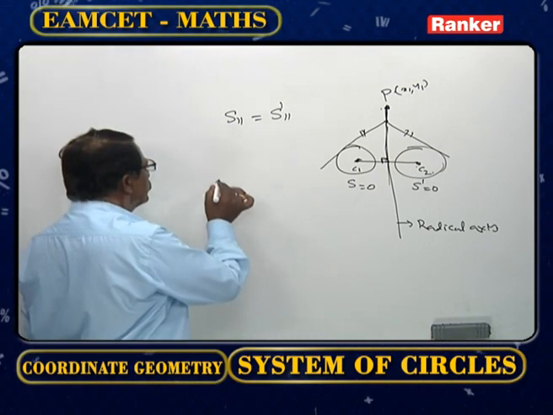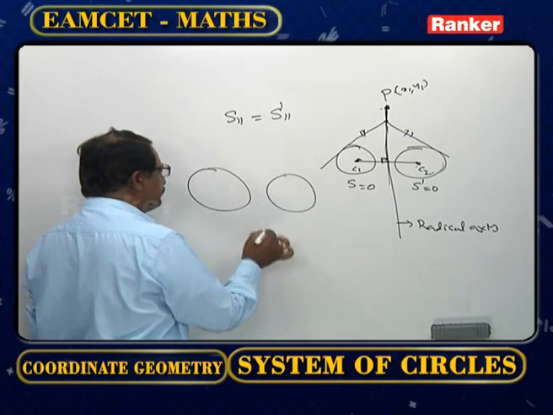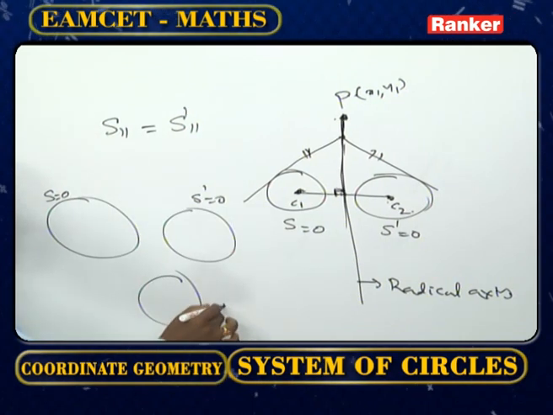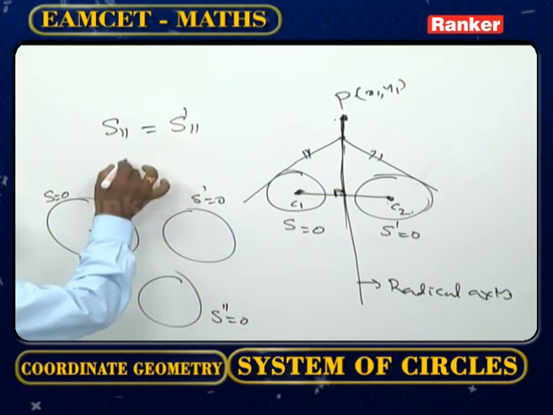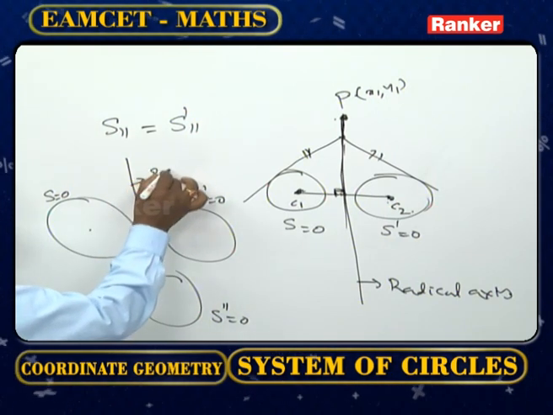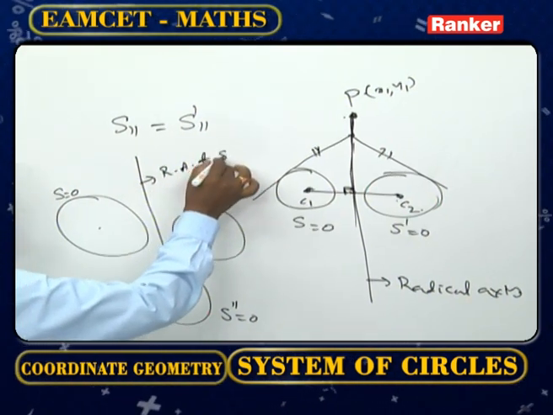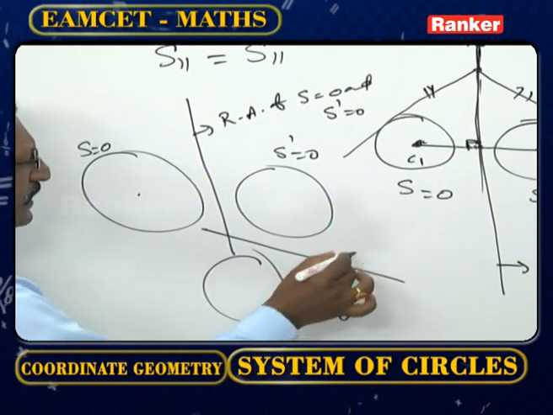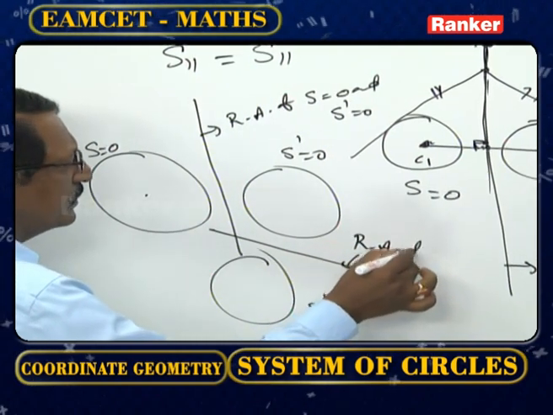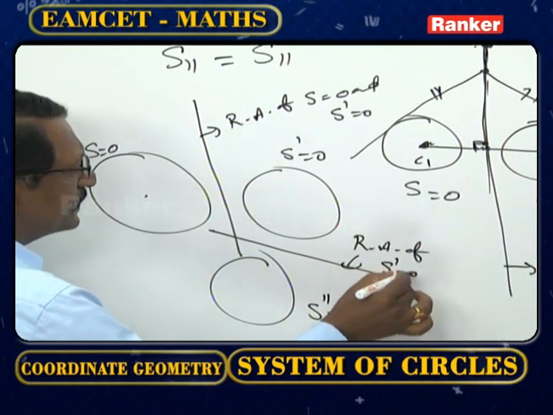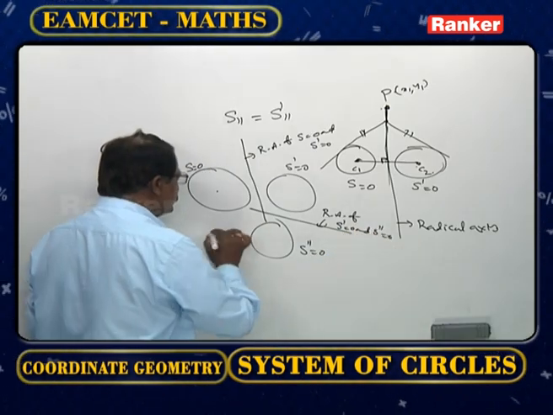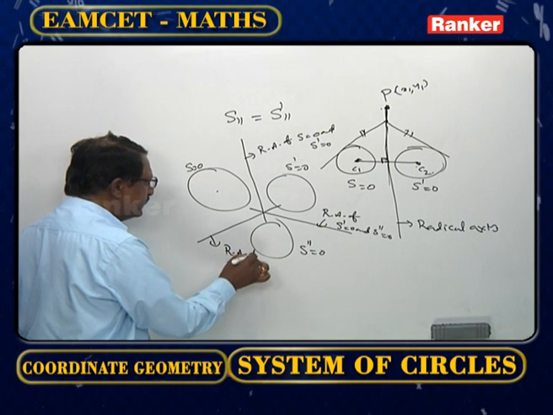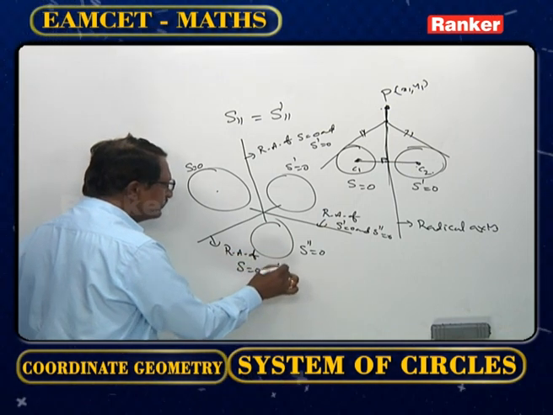Next, suppose three circles: the first circle S equals 0, the second circle S dash equals 0, and the third circle S double dash equals 0. Consider the radical axis of S equals 0 and S dash equals 0, similarly the radical axis of S dash equals 0 and S double dash equals 0, and the radical axis of S equals 0 and S double dash equals 0.